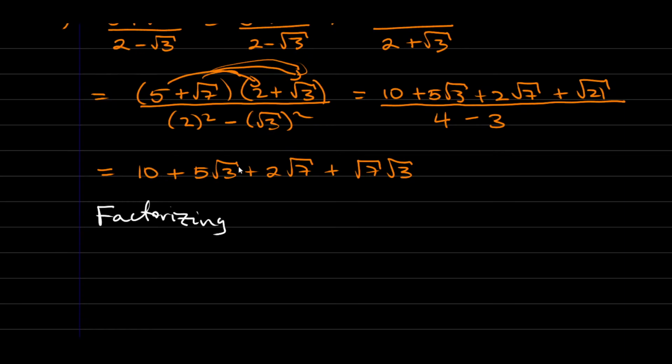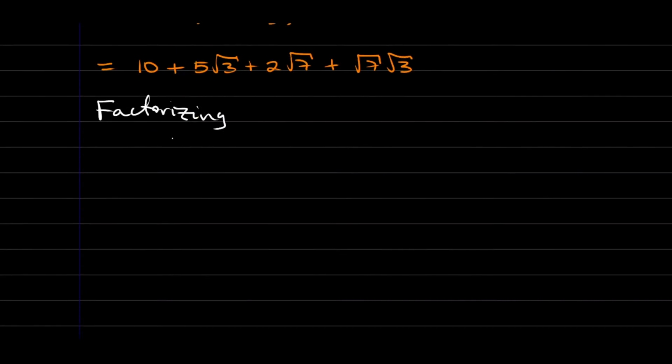And then root 3 by root 7 is going to be 7 root 3. So you can see right away I have something out on the end here, which is 5 by 2. And I have something out on the end here, which is 7 by 2. That's why I'm thinking that I can factorize. I was in a rush to finish and I didn't bother to look at it properly. Plus 2 root of 7 plus root of 7 root of 3.